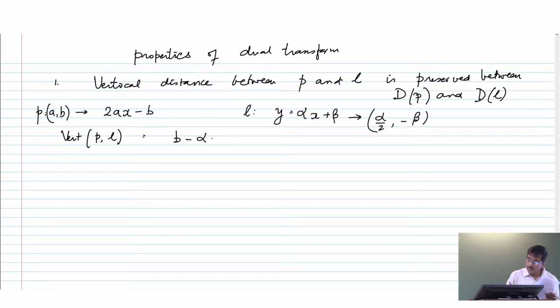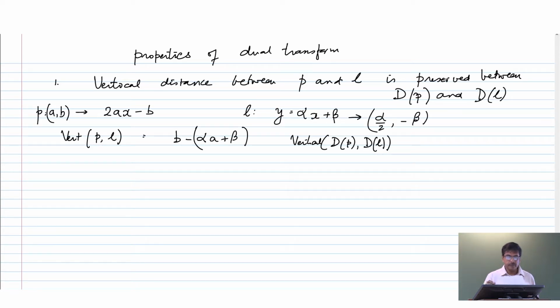alpha a plus beta, right? And the vertical distance between d of p and d of L. So, I am using d only, instead of using d prime. Okay, so just being a little sloppy here. Yeah. So, again you substitute what?